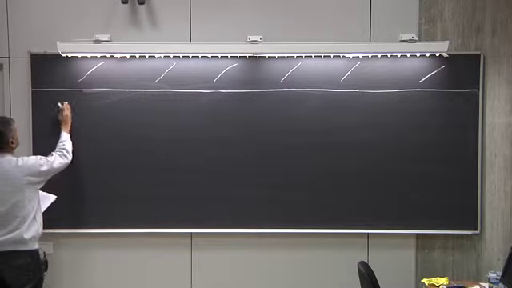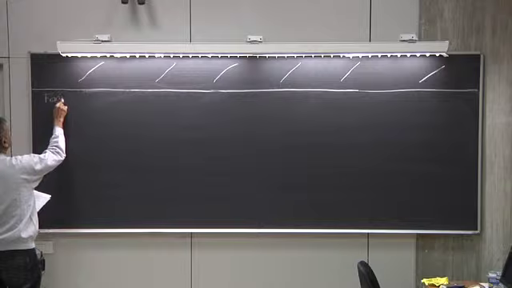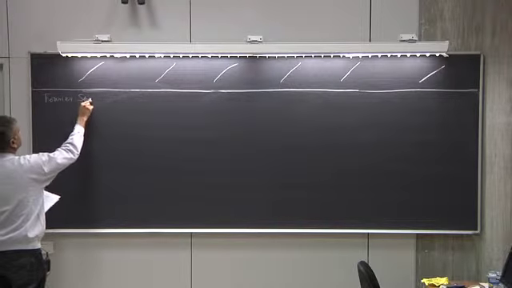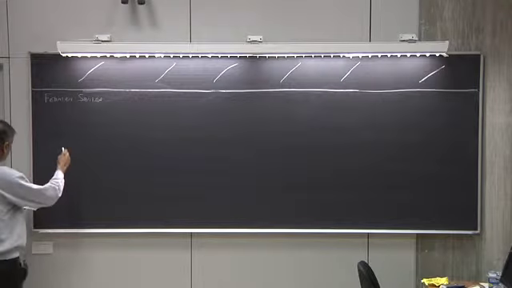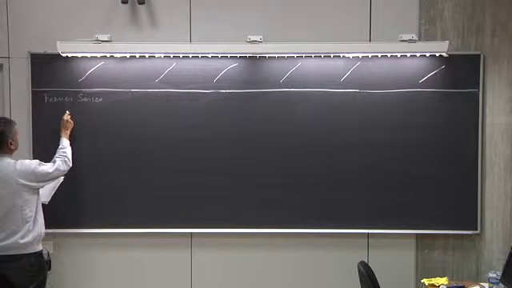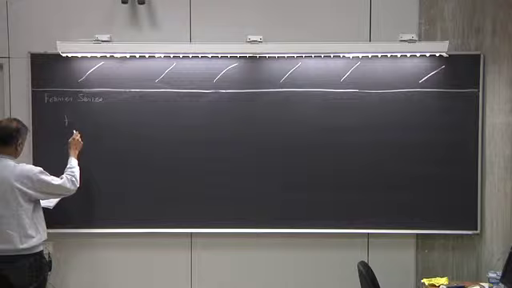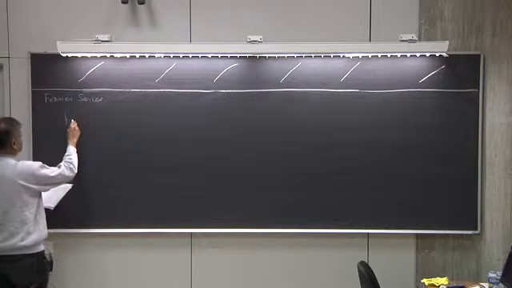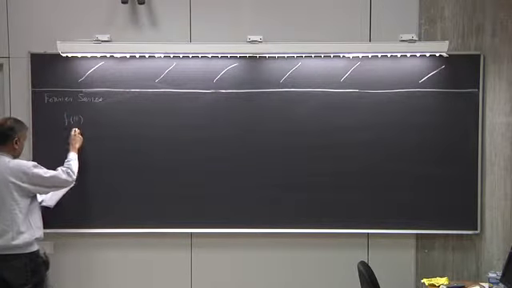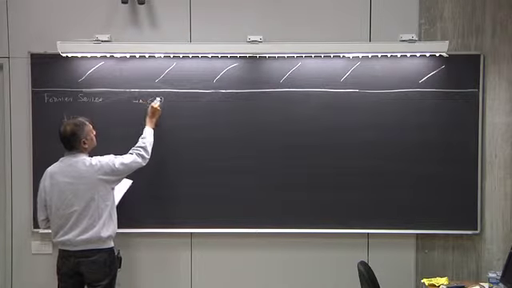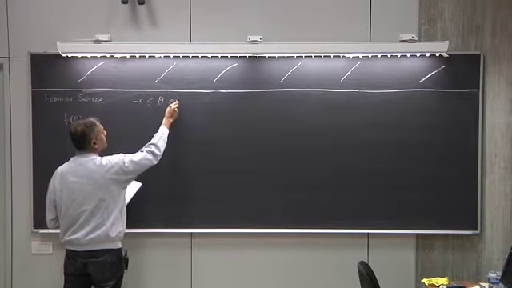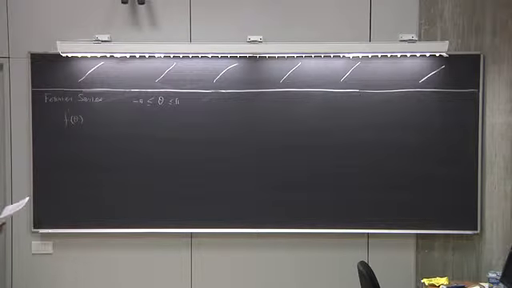Let me just do the Fourier series. Okay, so let's consider a function f, which is a function of theta, and theta goes from minus pi to plus pi. Okay, so theta is an angular variable from minus pi to plus pi.